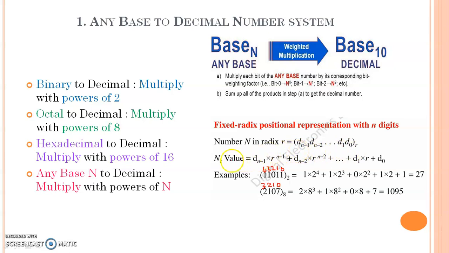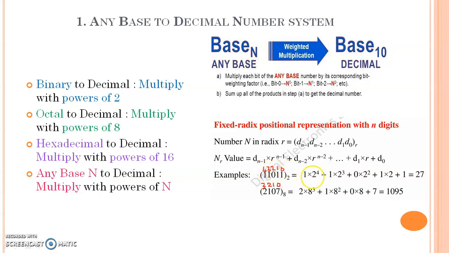Then how will you find the value of that number in base R? You have to multiply every digit with its corresponding weight position. For example, if I want to convert 11011 in base 2 to its corresponding decimal value, you have to multiply every digit with its corresponding weight position.